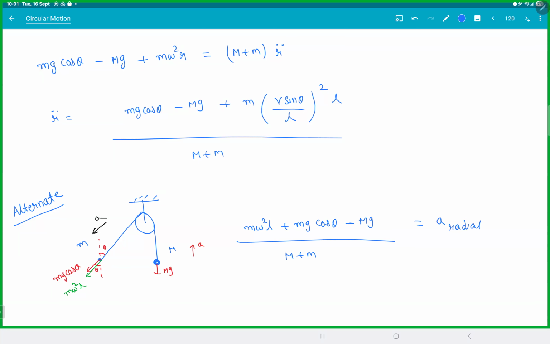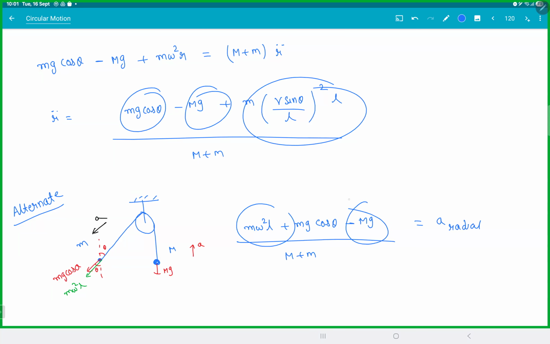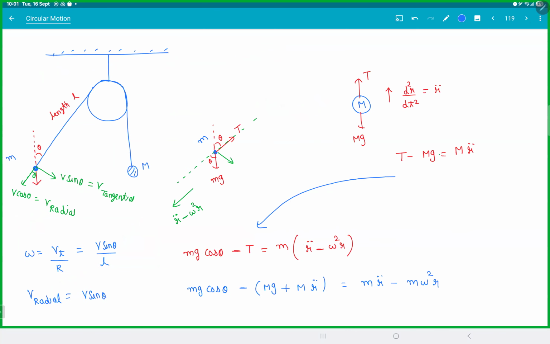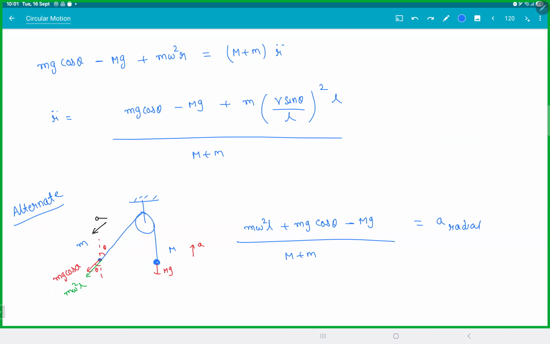Didn't we get the same answer? Mg cos theta, this is m omega square R, and mg. Even if you don't know all those formulas, you can still get this part. Is this making sense? So for the capital M, mg is pulling down. For the small m, there are two forces pulling it down, mg cos theta and the centrifugal force. So centrifugal force plus mg cos theta are pulling down and mg is opposing.